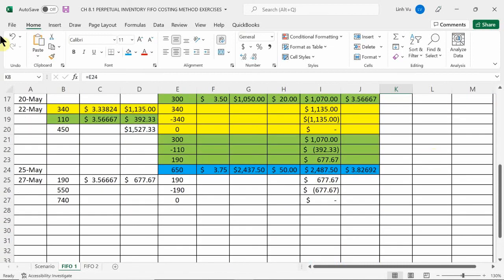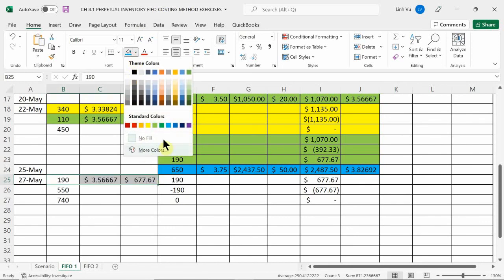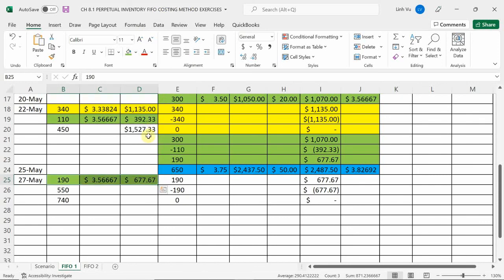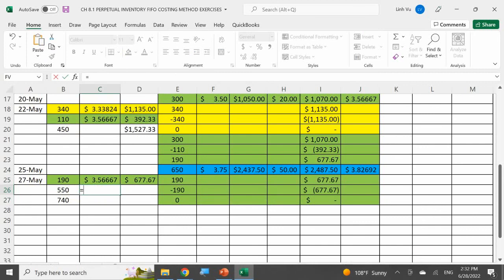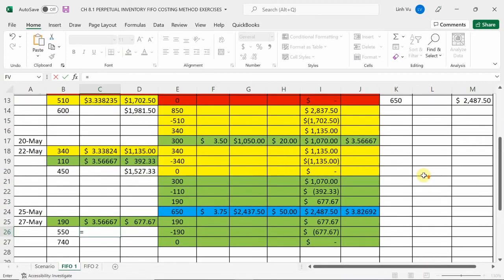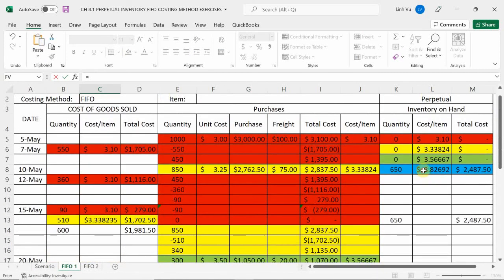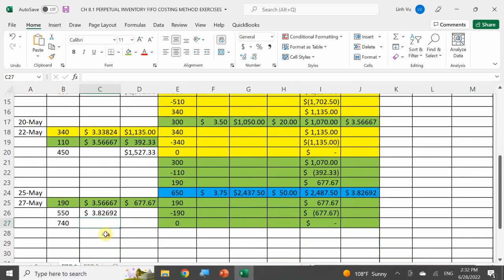Now I already did my calculation here saying my goal is to get to 740. I need to know how much I need to keep selling to get me to 740. So in this case, I already calculated 740 minus that 190. It leaves me with 550, which is what I need to subtract out from my blue batch. Now, my blue batch right now, the cost per item currently is 3.82692.